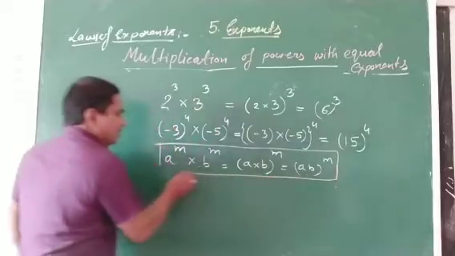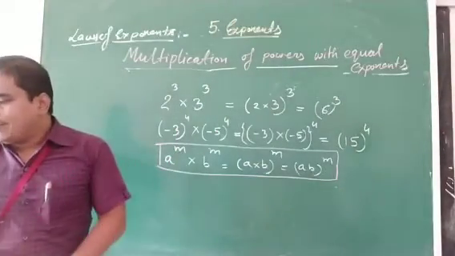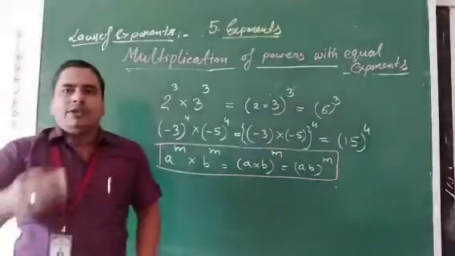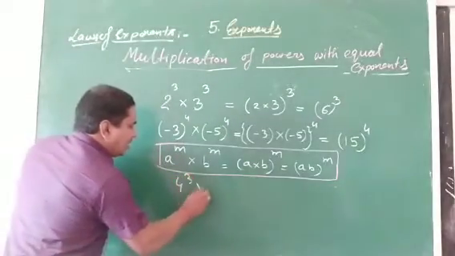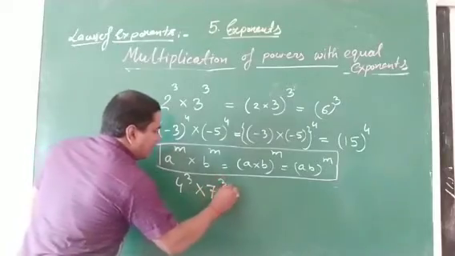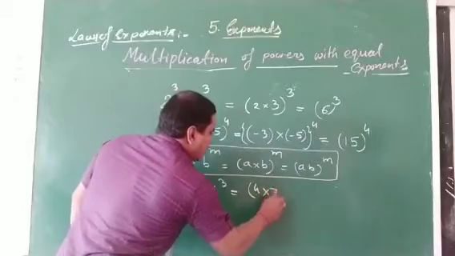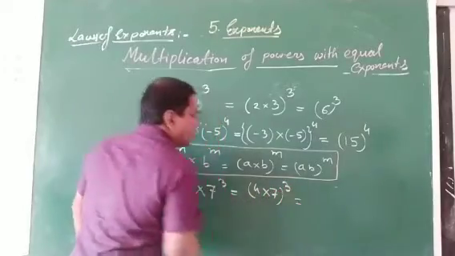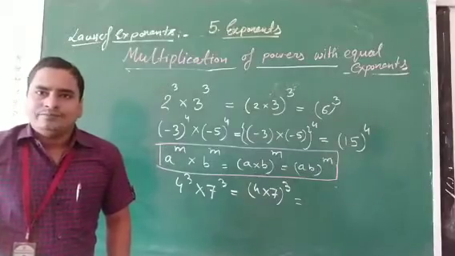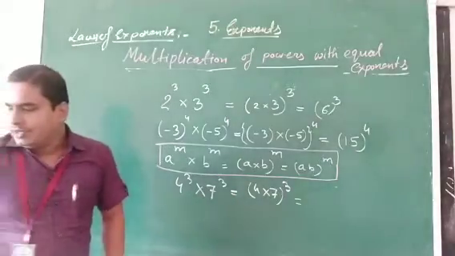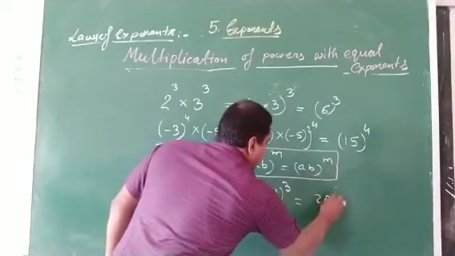Students, some examples are given in your book, you will try to solve like this: 4 to the power 3 into 7 to the power 3. So what will be the result? 4 cross 7 to the whole power 3, and 4 sevens are 28. So you can write 28 to the whole power 3.